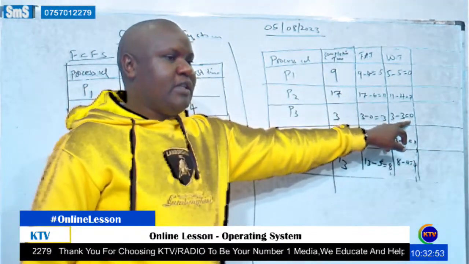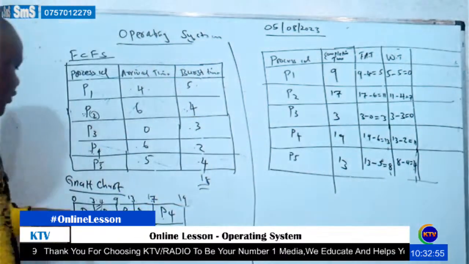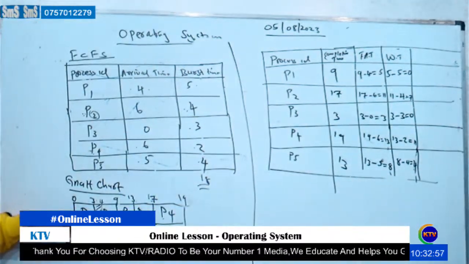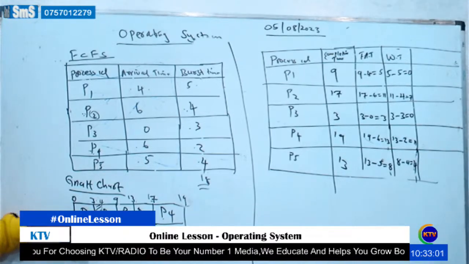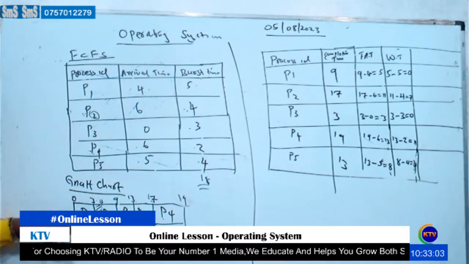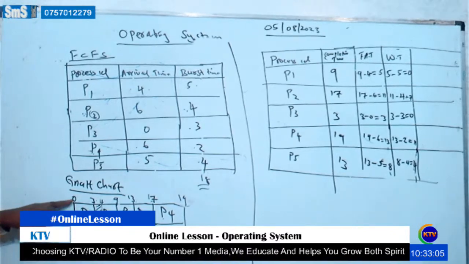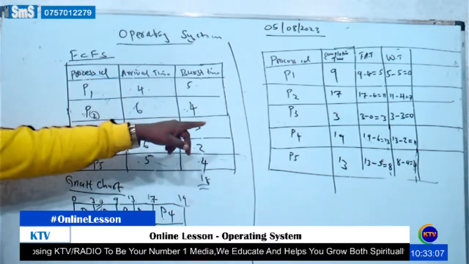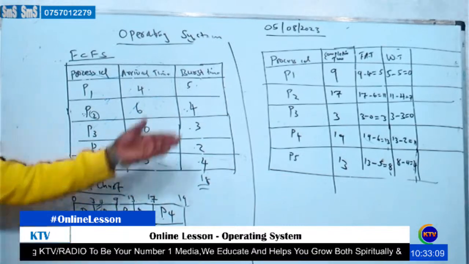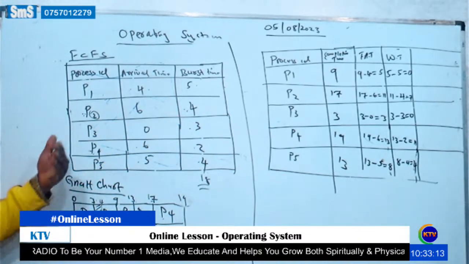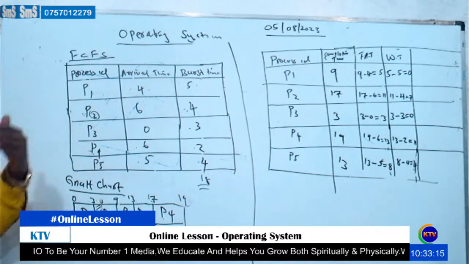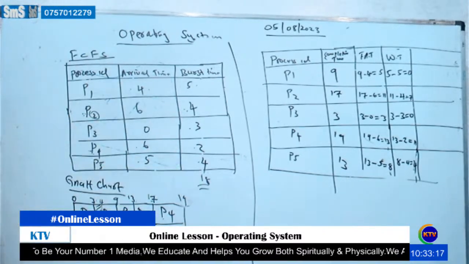When it arrived, it entered directly because the CPU was idle. So that is why the waiting time is 0. But the others had to wait, because when they arrived, the CPU was already busy executing other processes.